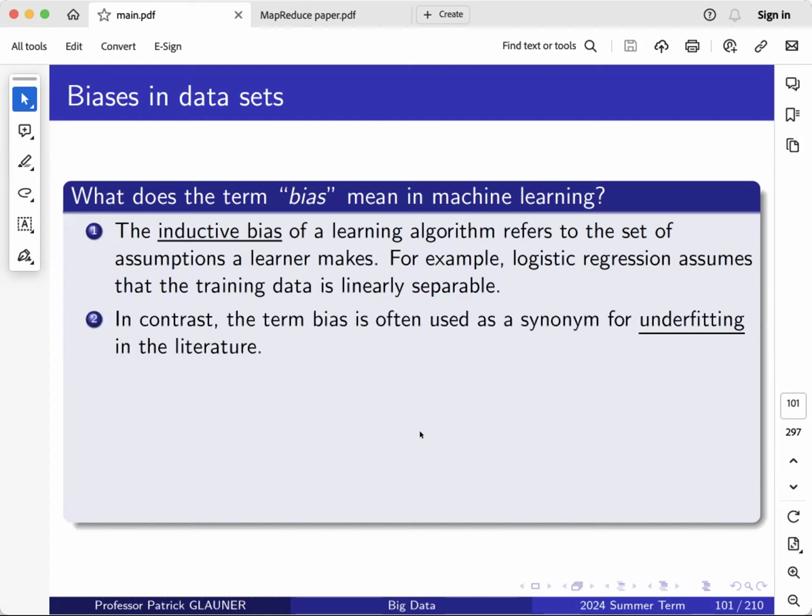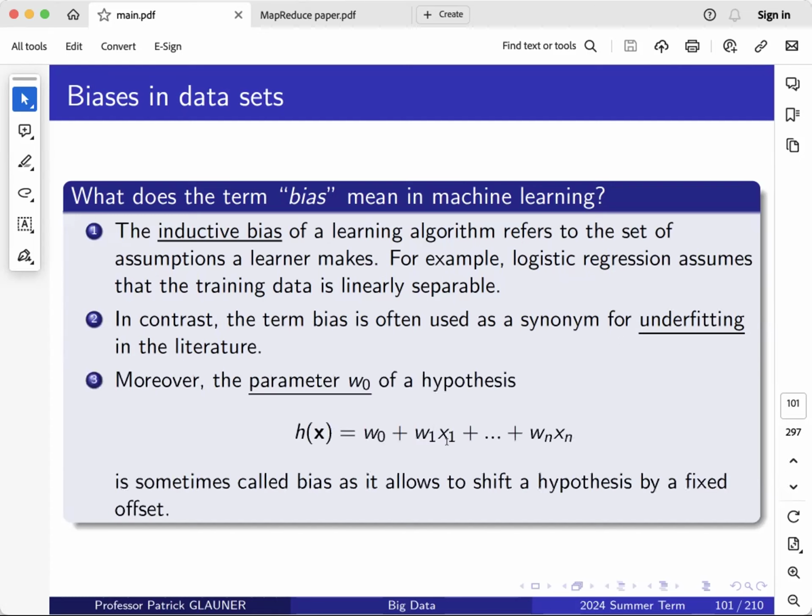Sometimes in the literature, the term bias is used as a synonym for underfitting, whereas overfitting is sometimes called variance in the literature. Bias sometimes means underfitting. Then I found another occurrence of the term bias. If you have a hypothesis, say as a hypothesis in linear regression, for example, as well as other models, you have your vector x and you want to predict something for it with your hypothesis.